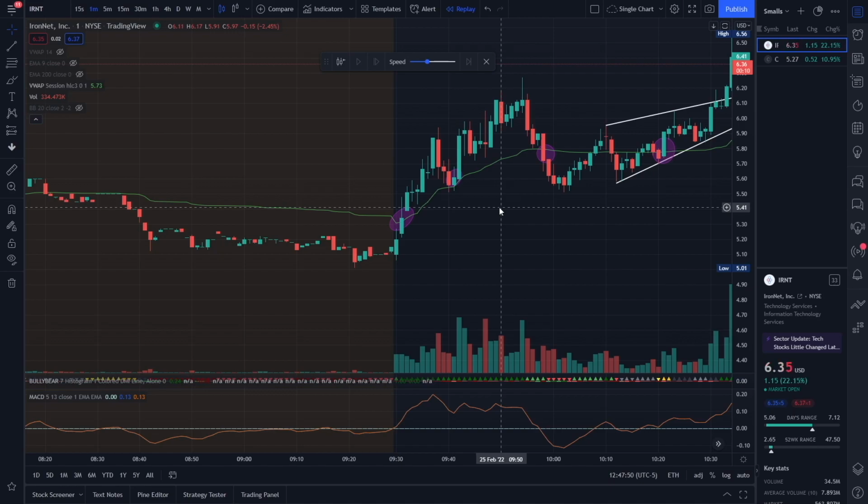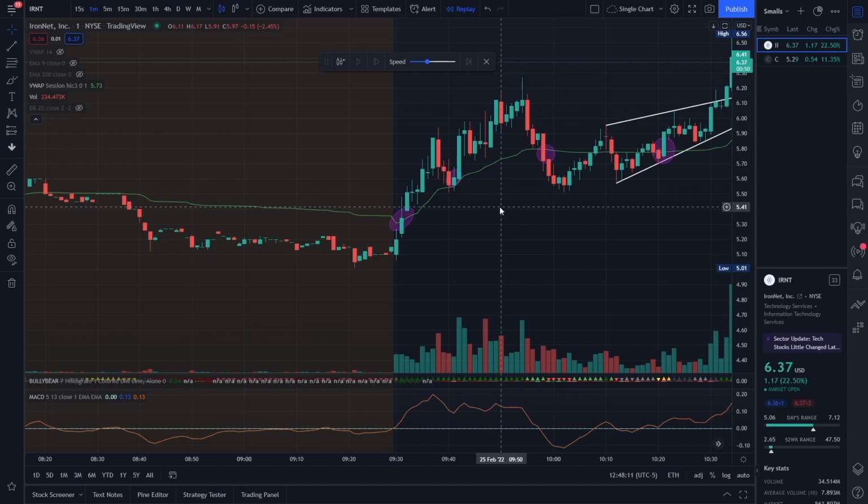Most of the time, from personal experience, when you find a break above VWAP, so the stock's trying to break above it, that tends to work in our favor probably 75% of the time at least.